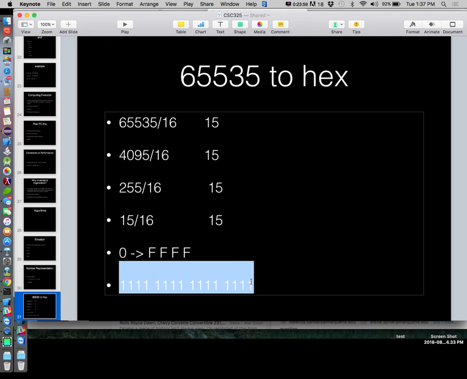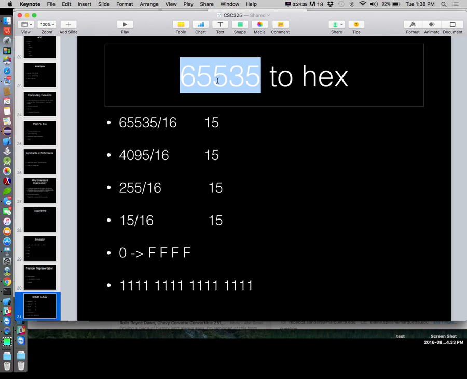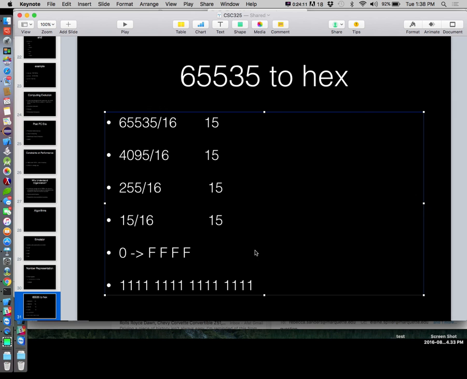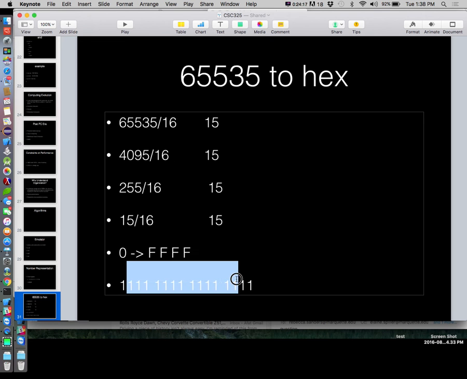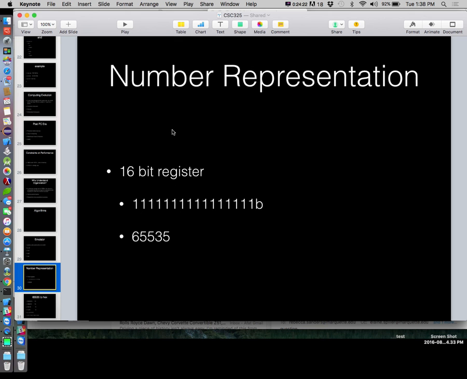We'd rather just say 65,535. That might be relatively meaningless to us, but we're used to looking at stuff that looks like this. Make sense? Okay. So this would be a hexadecimal representation of 65,535. This would be a binary representation of 65,535. So here is our binary representation of it right here.